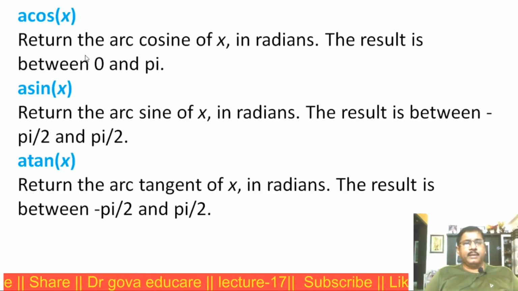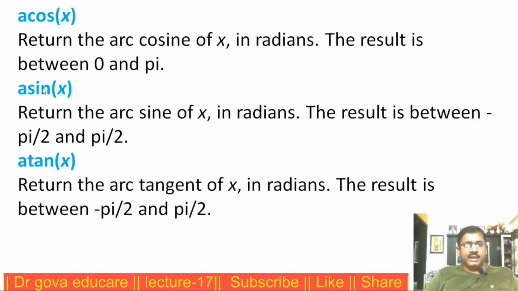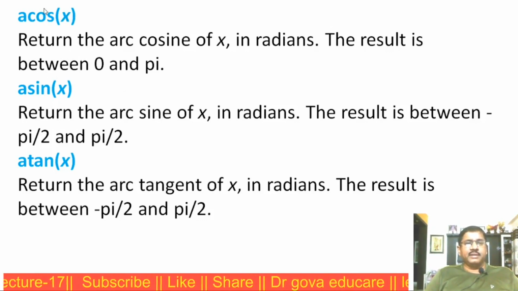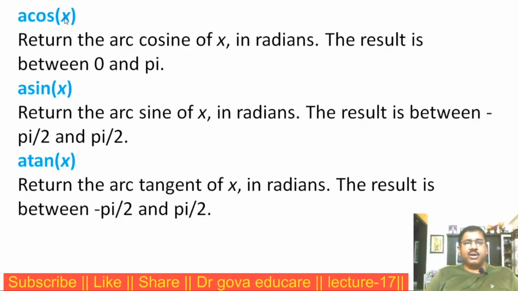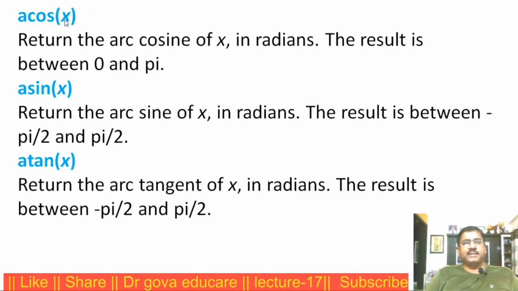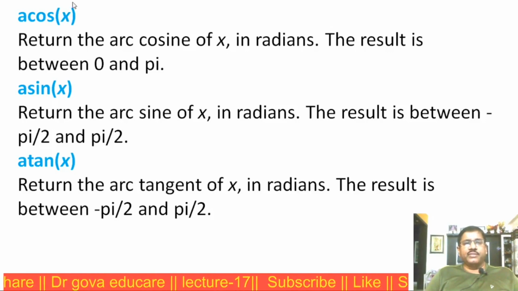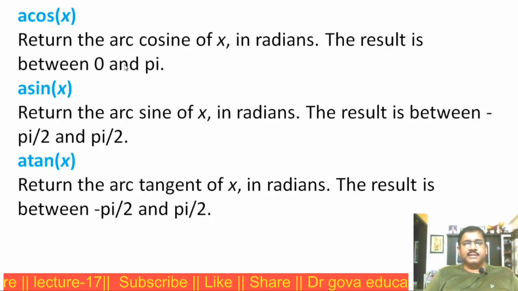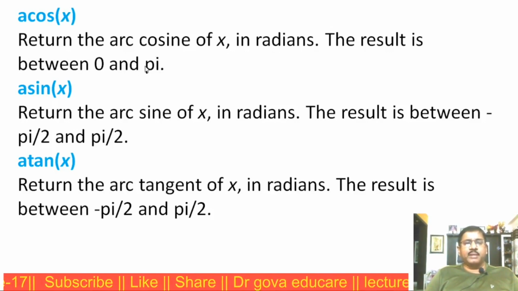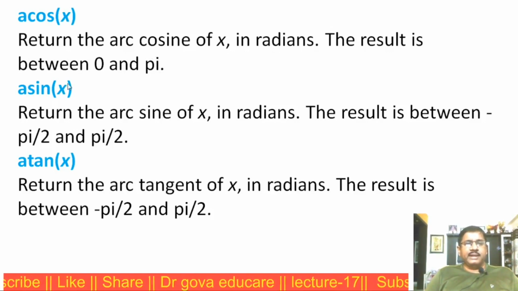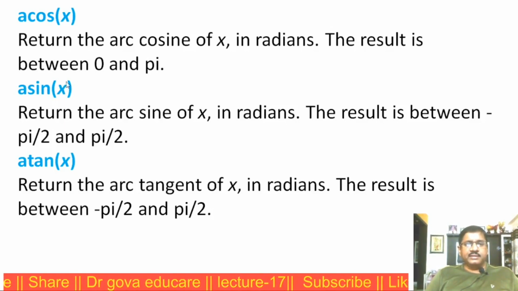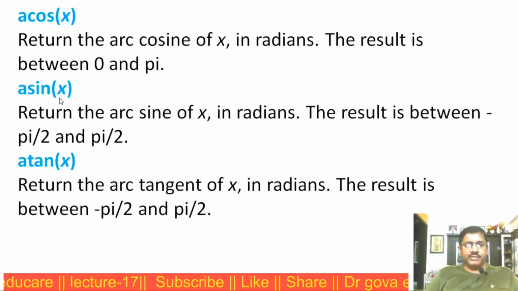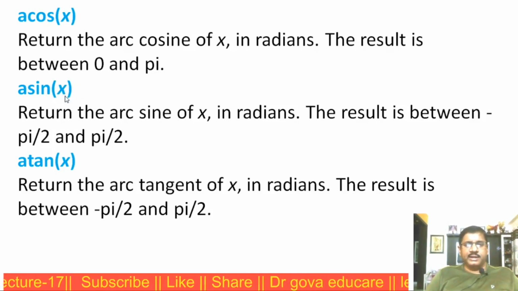Now these are the inverse trigonometric functions. acos of x returns the arc cosine of x, that is cos inverse of x, the value in radians. The result is between 0 and pi. Next, asin of x returns the arc sine of x, that means sine inverse of x, the value in radians.